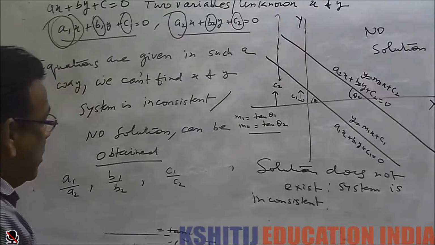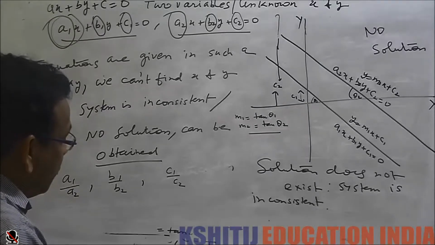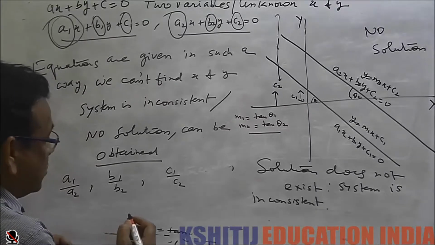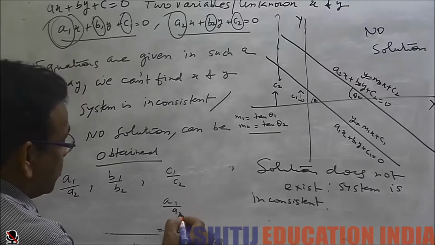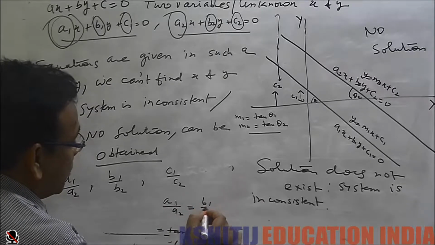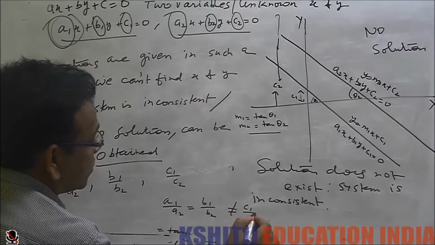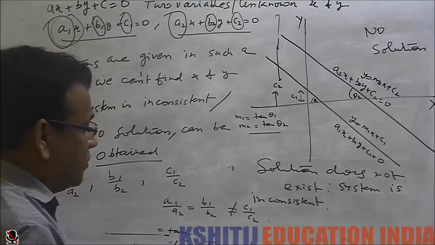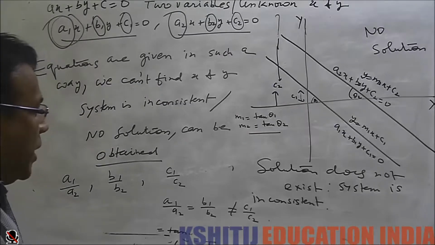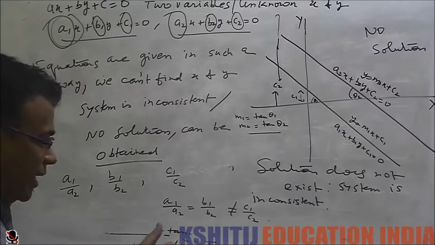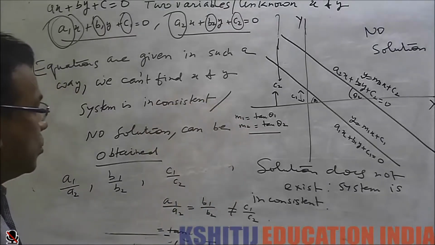So if we find a relation like this, a1 over a2 is equal to b1 over b2, not equal to c1 over c2. Okay. So in such a case, you will see no solution to the equations.